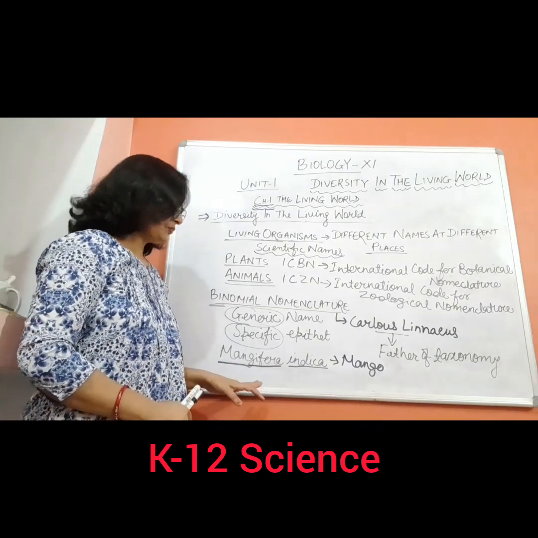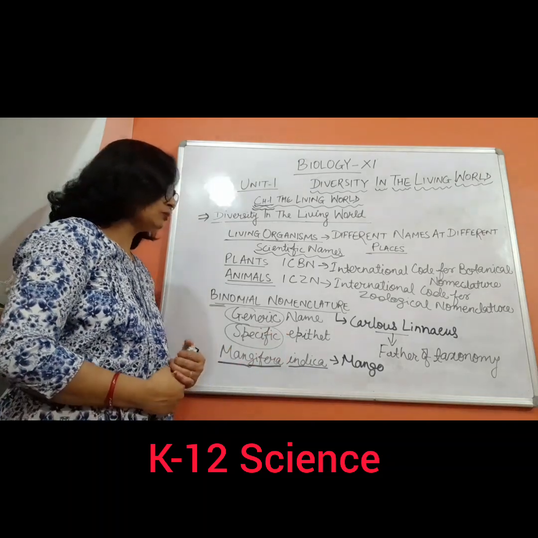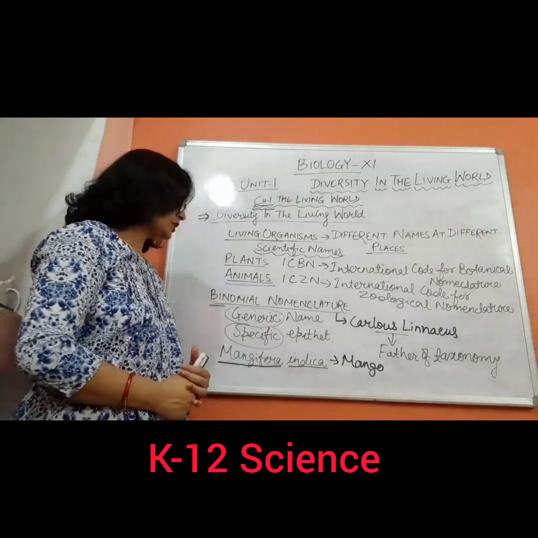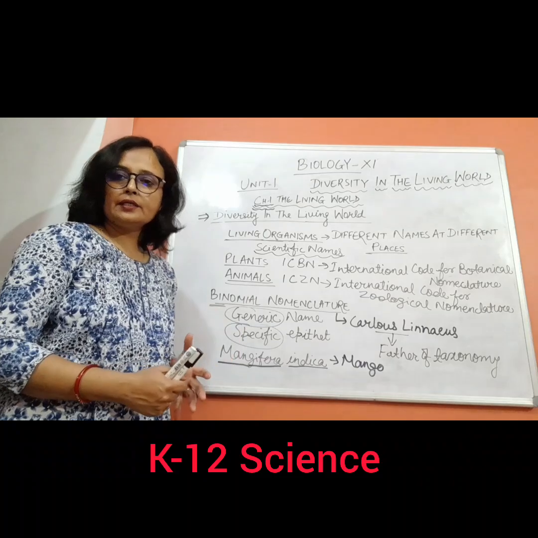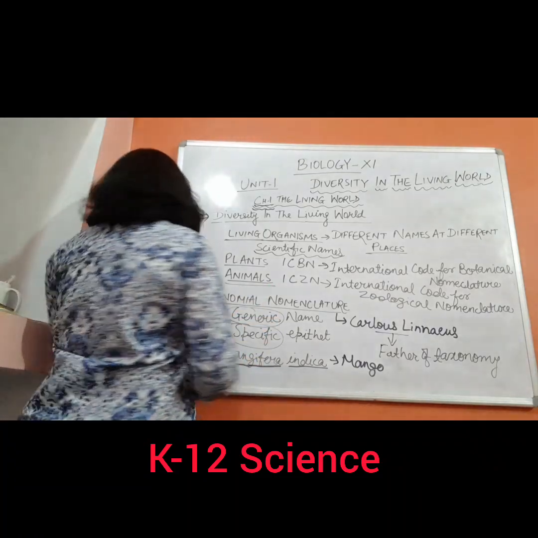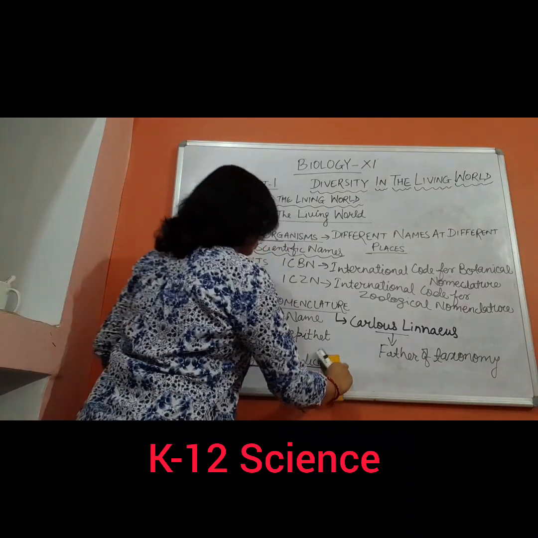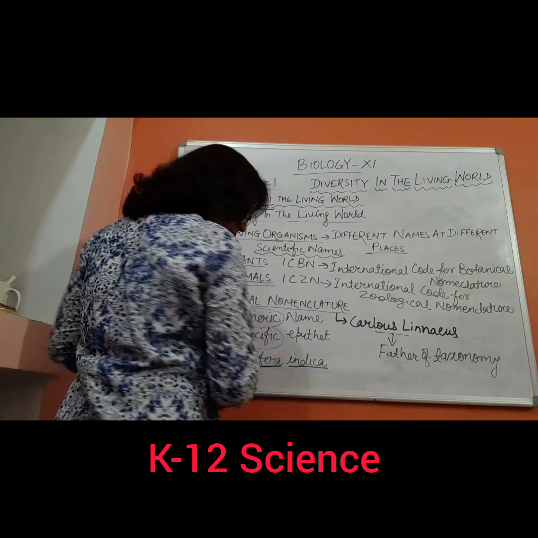Now there is one more rule. At the end of the name, we can write the name of the scientist who gave this scientific name. So the Mangifera indica scientific name was given by Carolus Linnaeus.